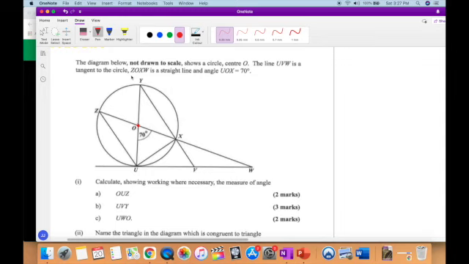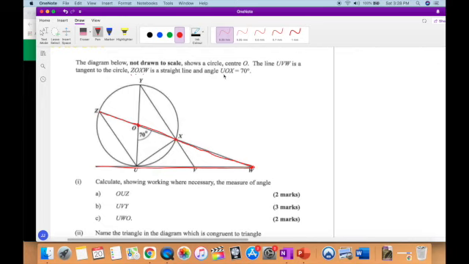That is nice. And ZOXW, that is this line here, is a straight line. Thanks for telling me that. So they're going out of their way to tell me that this is a straight line. That might be important. So this is a tangent, and this is a straight line, right?